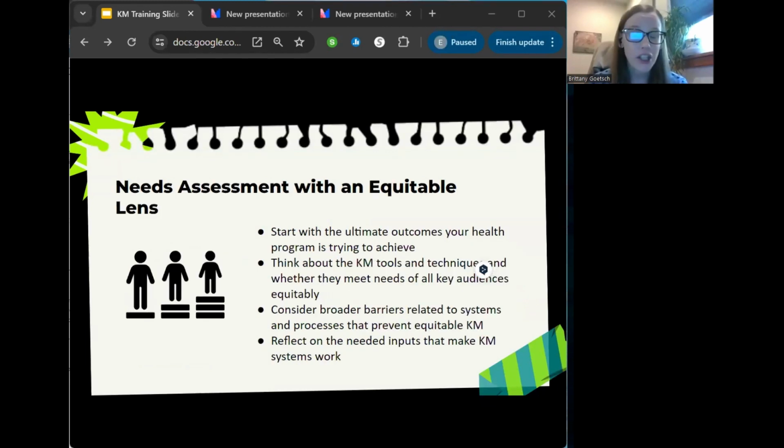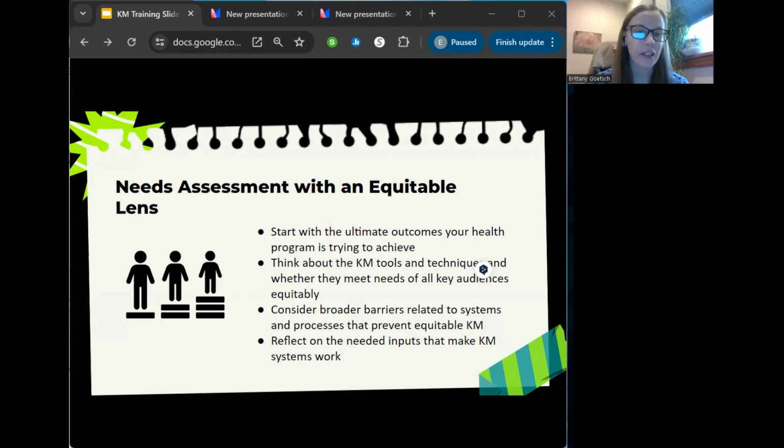We also encourage a needs assessment with an equitable lens as well. And we encourage to start with the ultimate outcomes your health program is trying to achieve, and think about the KM tools and techniques and whether they meet all the needs of key audiences equitably.